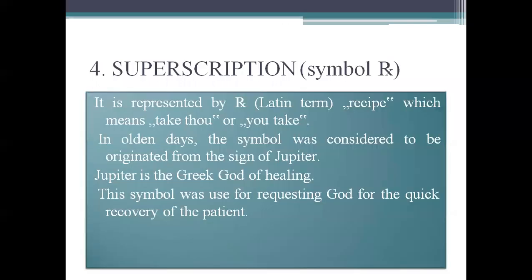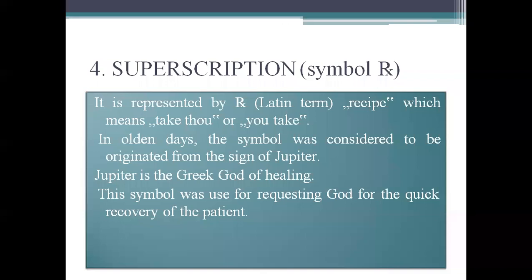Then the fourth part is the superscription, which is denoted by the symbol Rx. The symbol Rx is a Latin term which means receive, take thou, or you take, and this symbol has come from the sign of Jupiter, the Greek god of healing. It is one type of prayer to request the god for the quick healing, quick recovery of the patient.